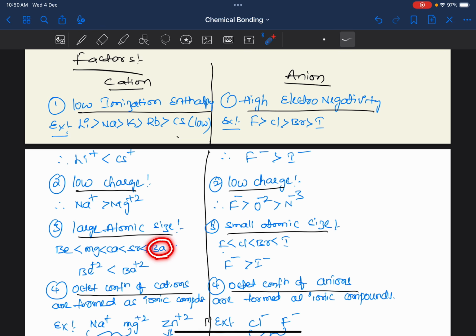For this large atomic size, nuclear attraction is less. Therefore, it easily loses its outermost electron. So if we compare beryllium ion and barium ion, barium ion is more easily formed. That means elements of large atomic size are easily converted to their cations.